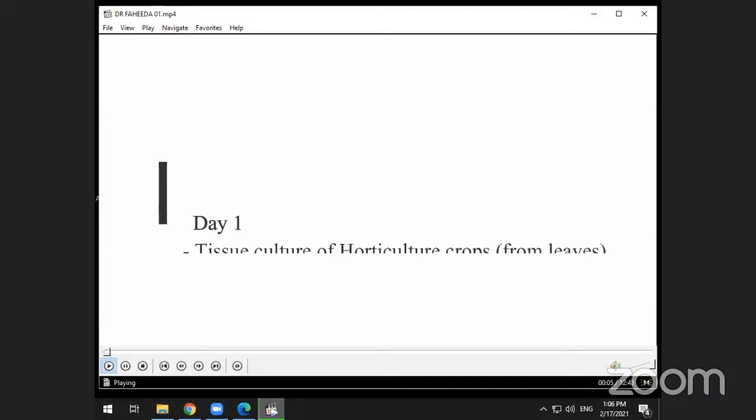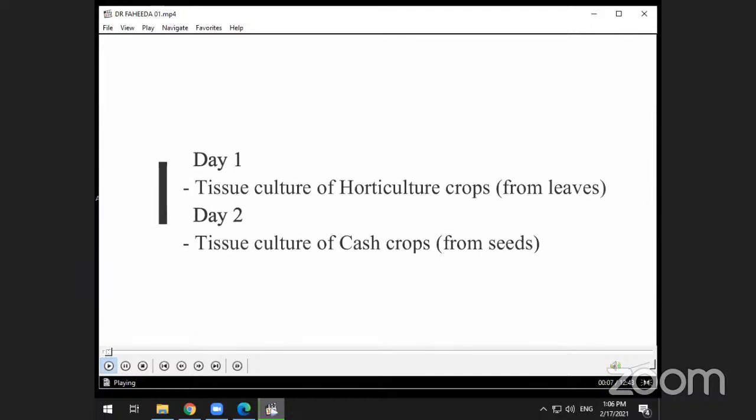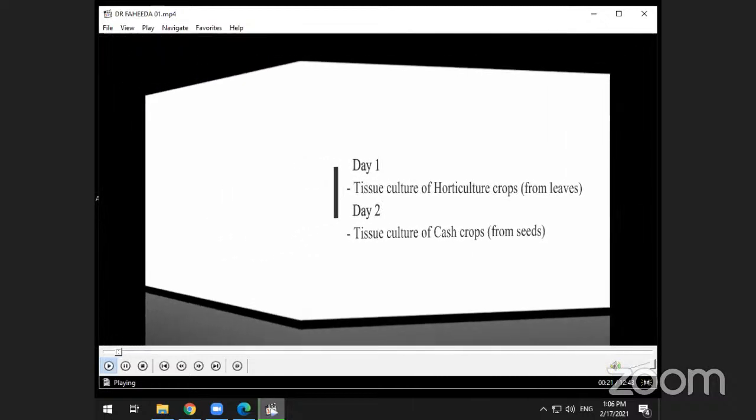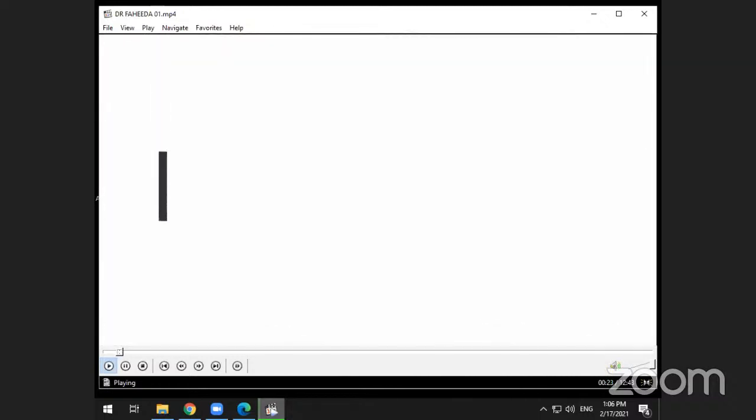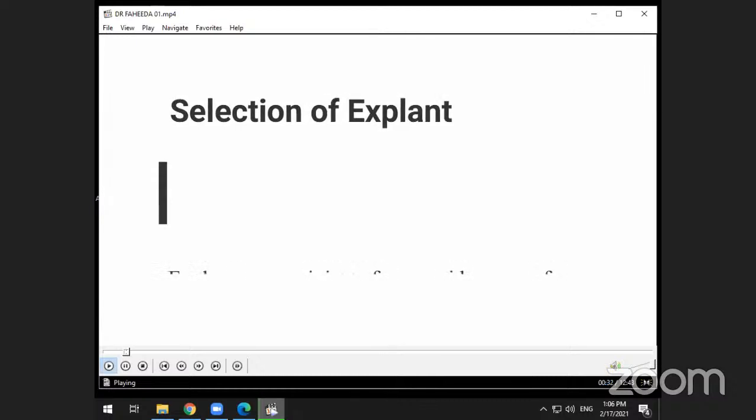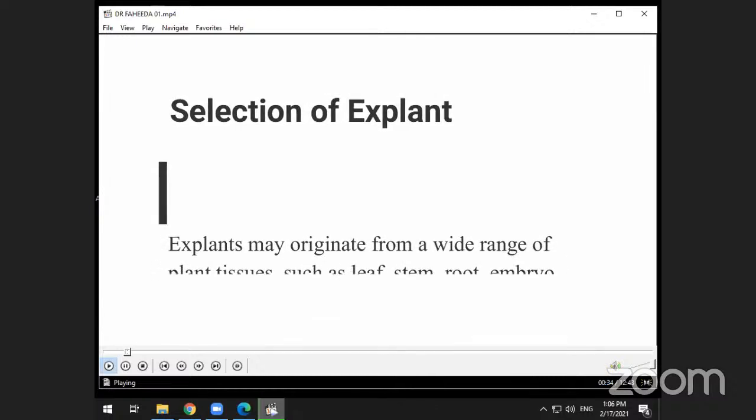On day 1, we performed tissue culture of horticulture crops initiated from leaves. Today, we will perform tissue culture of cash crops initiated from seeds. Selection of explant.